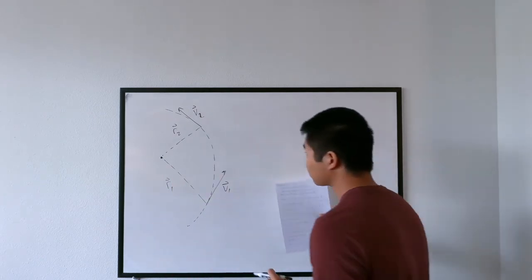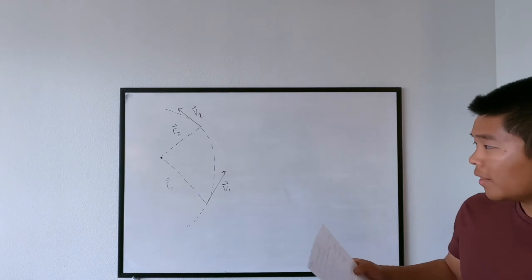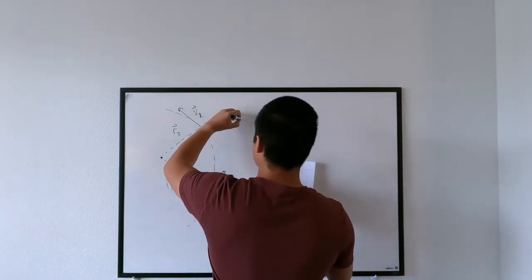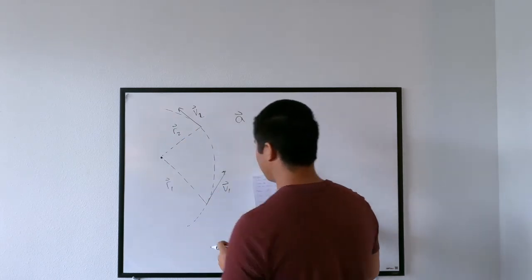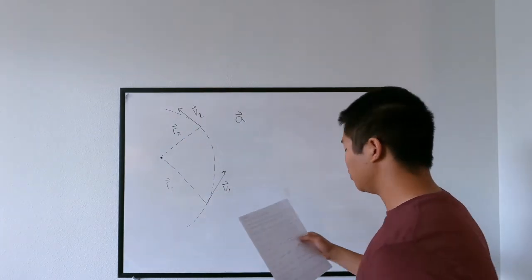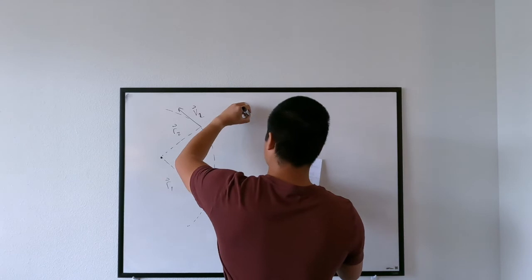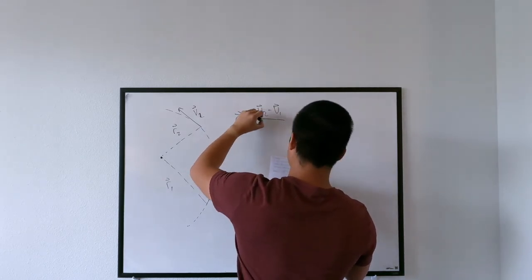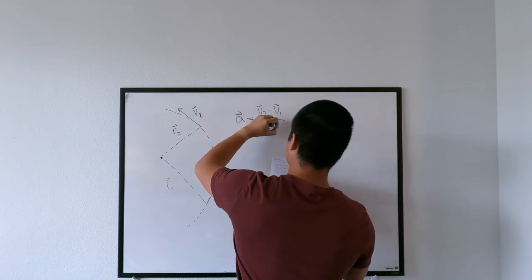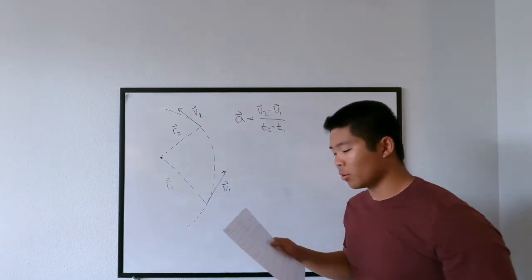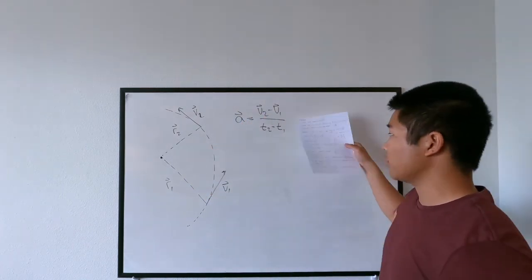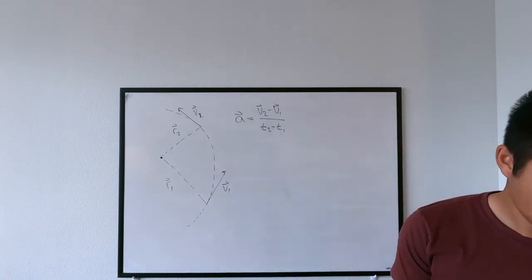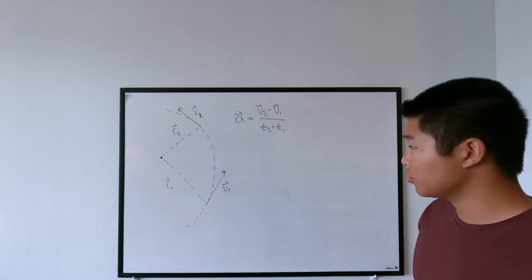Okay. So we know that our acceleration is going to be equal to the change in velocity over the change in time, okay? So it will be v2 minus v1 divided by t2 minus t1. Notice how, of course, only the top is a vector. The bottom, you can't divide a vector by another vector, all right? So that is sort of a visualization, right?